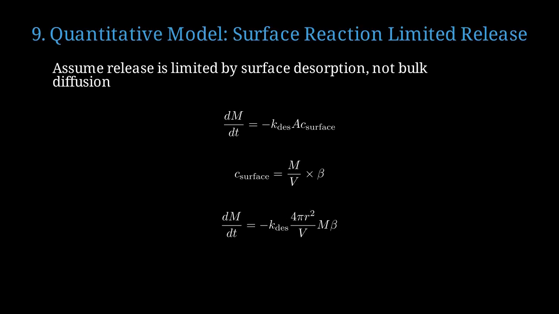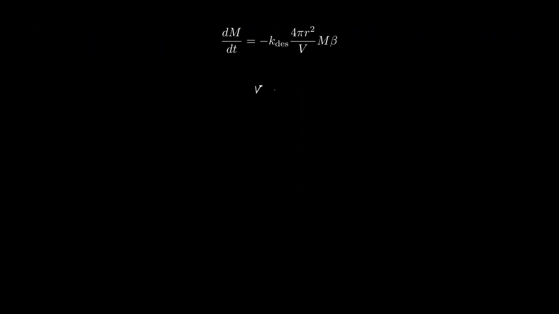Substituting, we get dm/dt equals negative k_desorption times 4πr² over V times m times beta. For a spherical capsule, V equals 4/3 πr³. Simplifying, we get dm/dt equals negative 3 k_desorption beta over r times m.